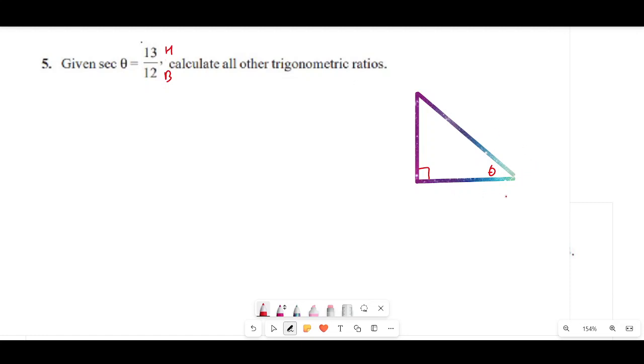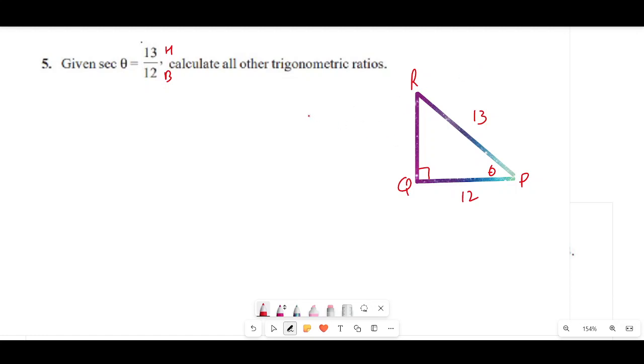So the hypotenuse will be 13 centimeter and the base will be 12 centimeter. Clear? Now, we should find the other side. If you take P, Q and R, then what is the value of QR?